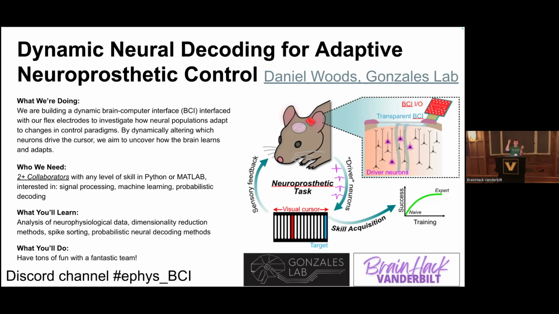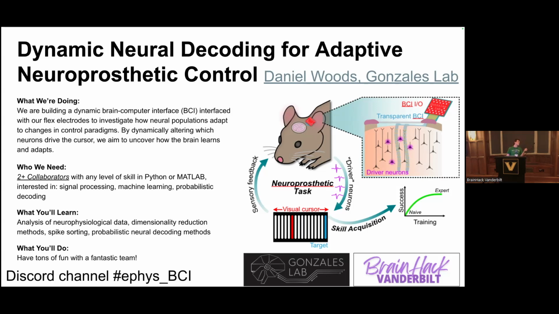Let's select 2 populations of neurons along the shank of this probe that are responsible for controlling, in the simplest form, the direction of a cursor 2 ways. You can provide sensory feedback so that if you're driving the cursor left and you reach a target, you're rewarded. As the mouse becomes accustomed to this, you've conditioned it.